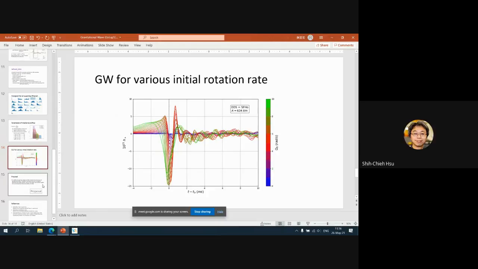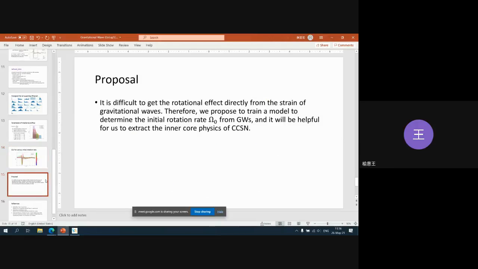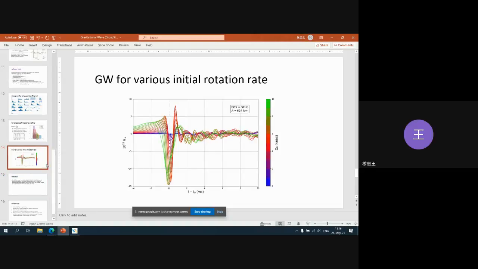When we detect this, we can put it in the training model and know the exact rotation rate, because we cannot straightforwardly know the rotation rate from the plot on slide 14, because the H plus is influenced by many features, and it's just the total.